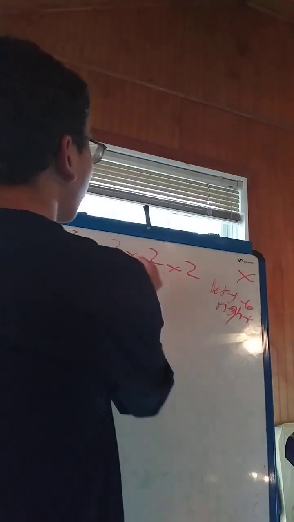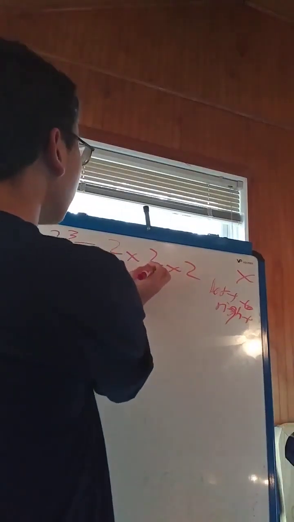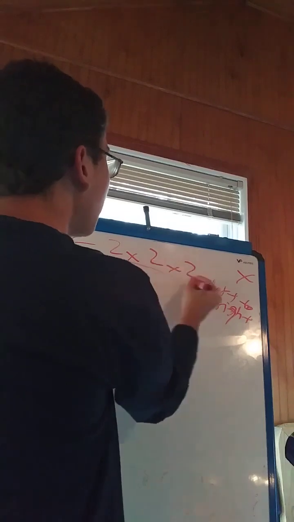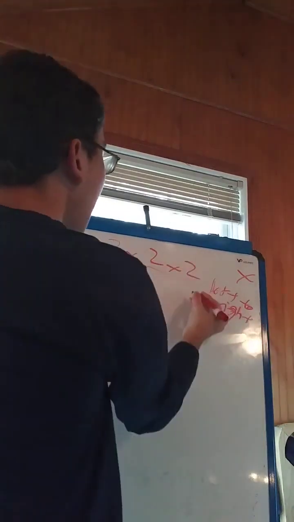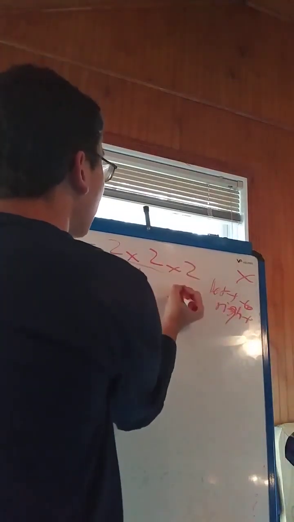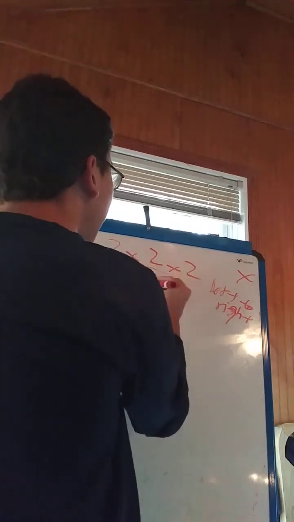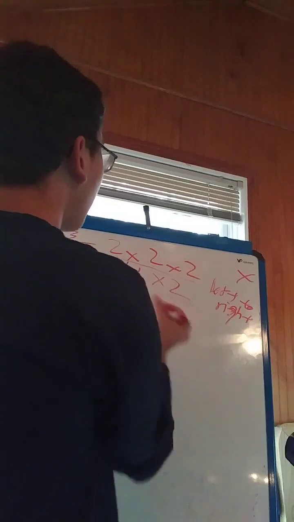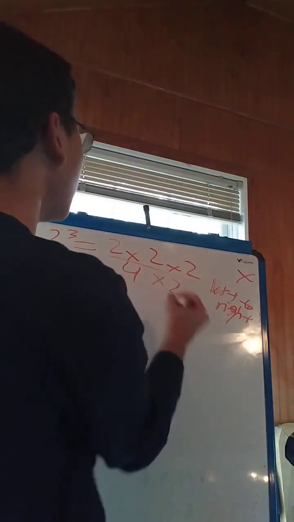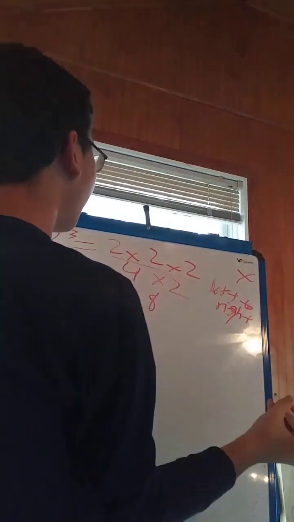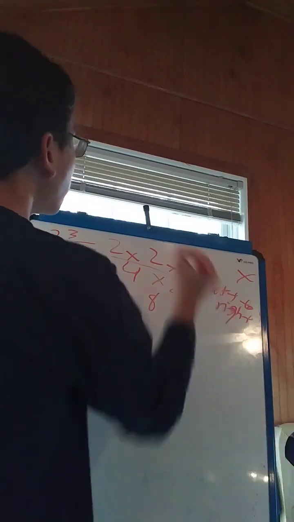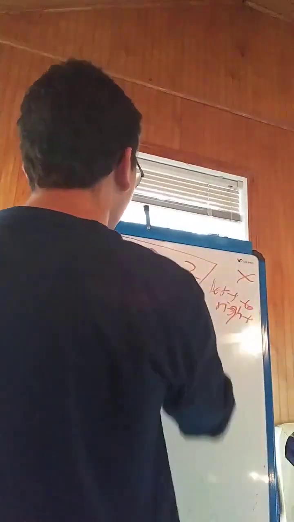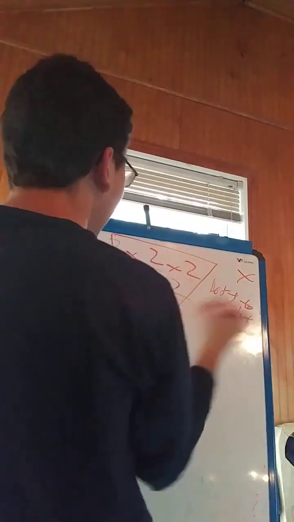So we take 2 times 2, which would give us 4, and then we draw the line, and then we drop down what is left of the problem. We still have that times 2, so we drop that down, and then we draw another line, 4 times 2 would be 8, and that is the final answer. If I can draw a backwards upside down triangle around the equation, then I've done it right.